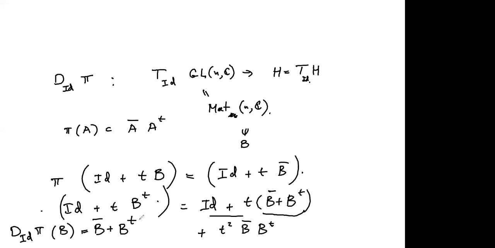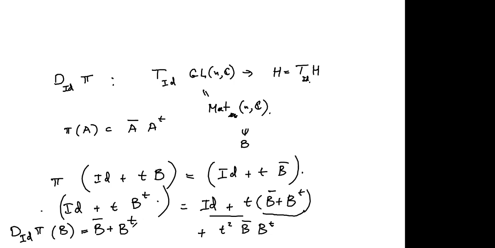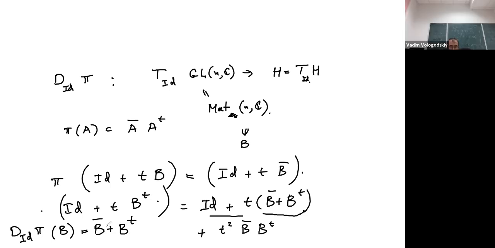If we remove the third term, then the path may go out of Hermitian matrices. For example, in this path with t squared this cannot happen. You see, in fact, that if you transpose this sum and then apply conjugation, you get the same matrix.